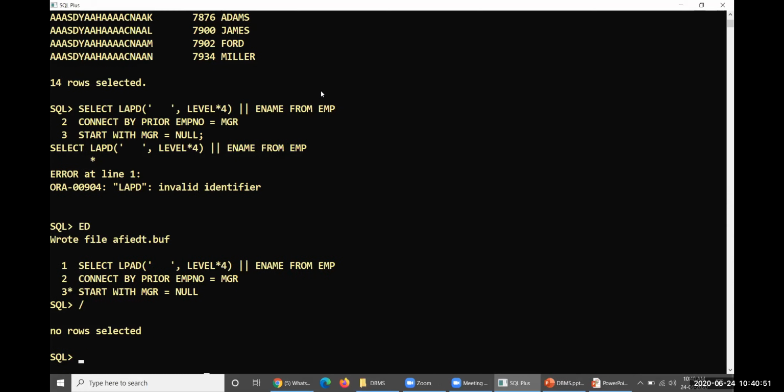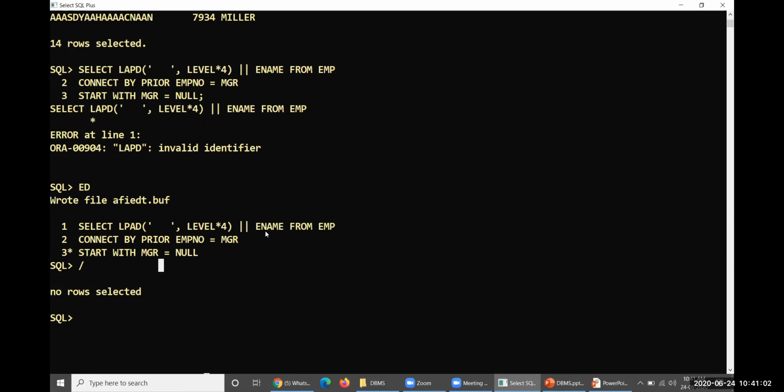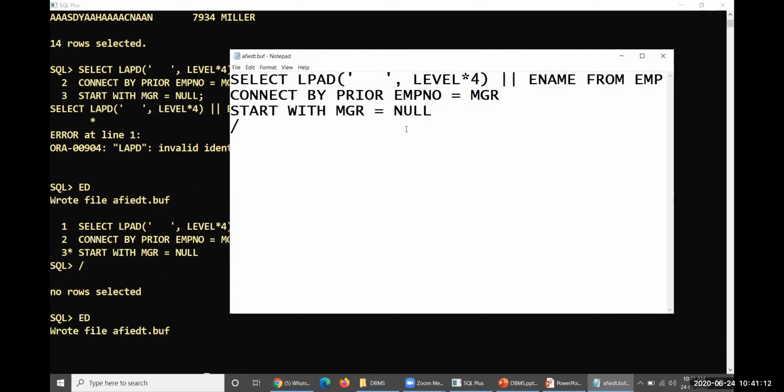Look at this, no rows are selected. Why? Employee name can be taken here, MGR will be okay. There is a specific reason why no rows are selected here.